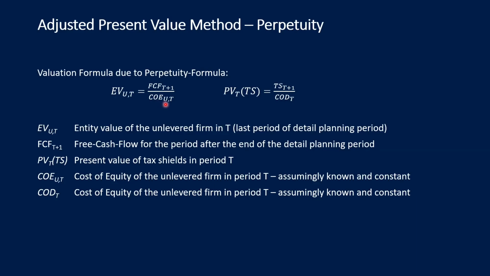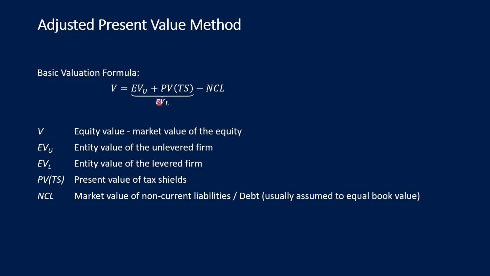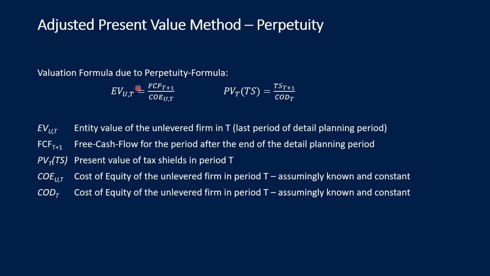Let us just have a look. Here we calculate the entity value of the unlevered firm. Accordingly, we need to have the cost of equity of the unlevered firm, and we arrive at the entity value of the unlevered firm in T, so the last period of our detailed planning period.